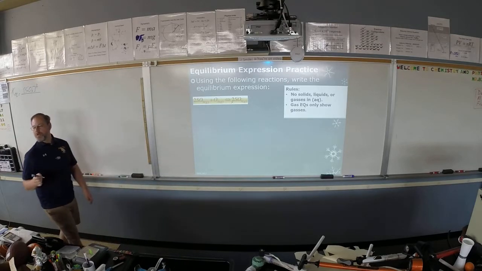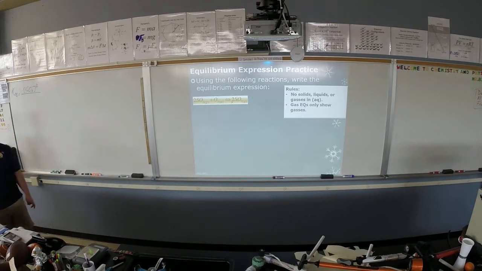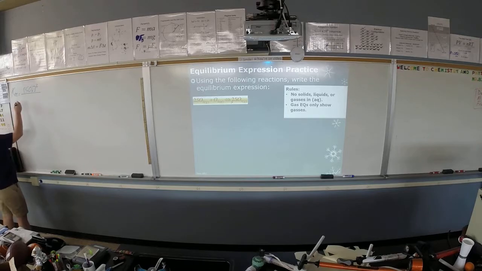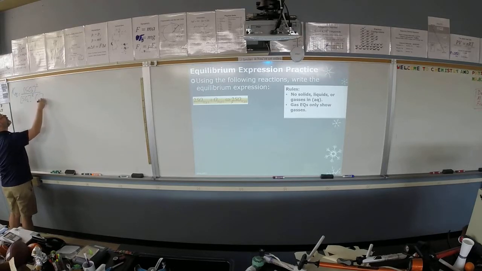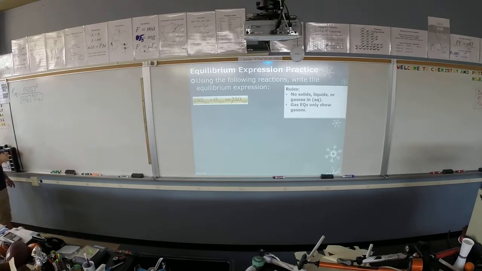The stoichiometric coefficient becomes the power in the equilibrium expression. And what's one of the reactants? SO2, and we're going to raise it to the second power, and O2, we're going to raise that to the first power. That's the equilibrium expression. Now, I didn't solve it, I just gave you the expression. So that's the setup. Products over reactants.